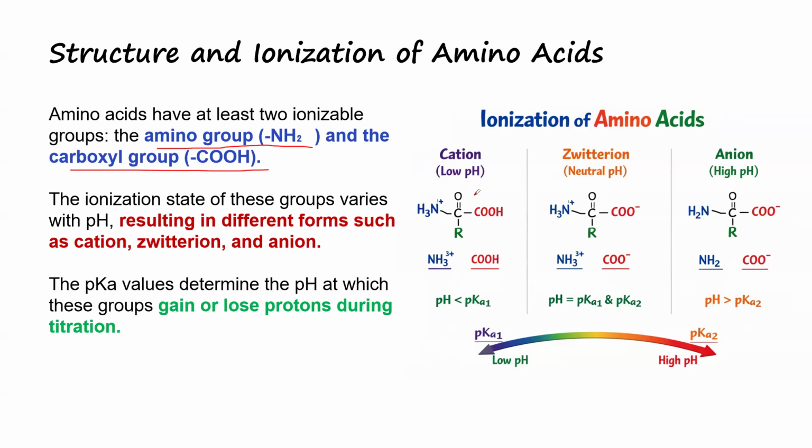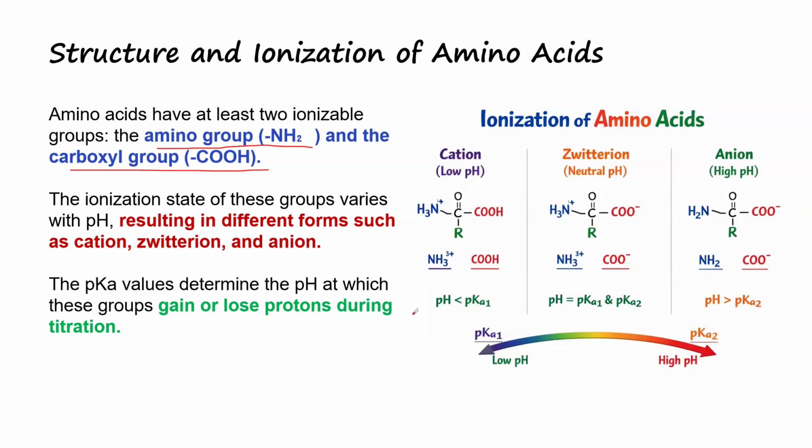So as you can see, these are the ionization of amino acids. The ionization of amino acids depends on the pK values, which determine the pH at which these groups gain or lose protons during titration.